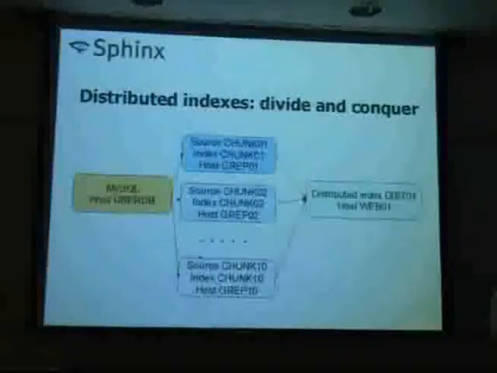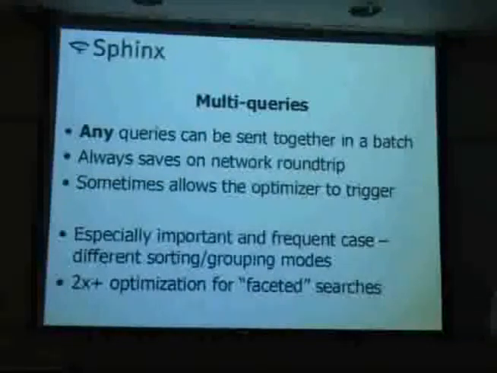But I believe we're running out of time. So the next optimization trick I'd like to touch on is multi-queries, and it works like this. Sphinx lets you send a bunch of queries packed in one batch, in one network packet.